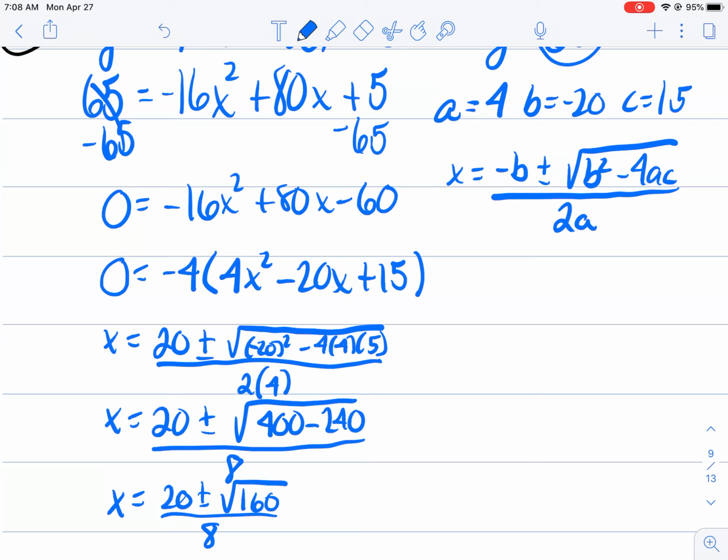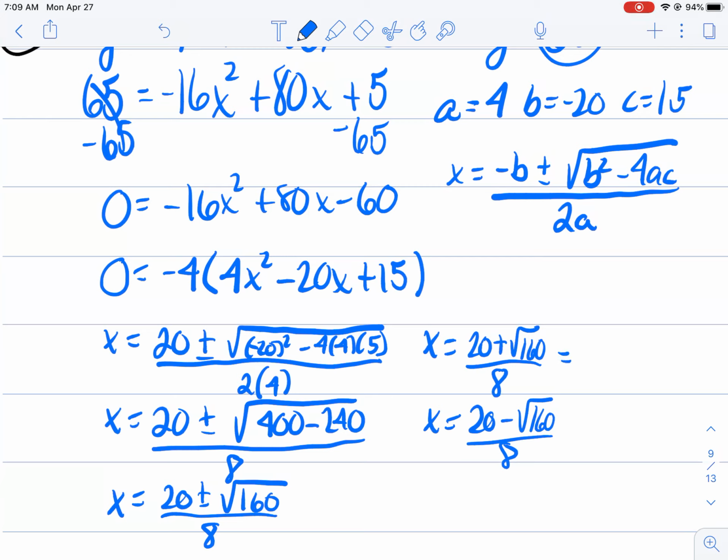So I know what the exact values are. I suggest you do the same at this point. You don't have to simplify that radical since we're getting decimal approximations. Simplifying the radical is not necessary at this point. We just need to know that one answer is x equals 20 plus radical 160 over 8, and the other one is 20 minus radical 160 over 8.